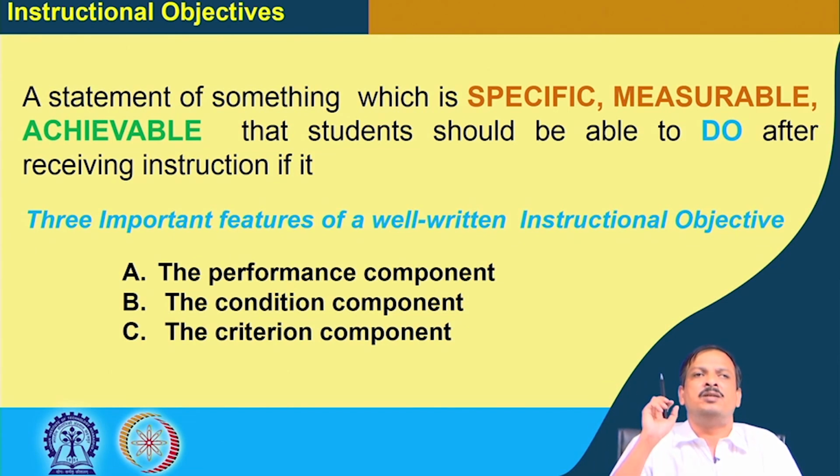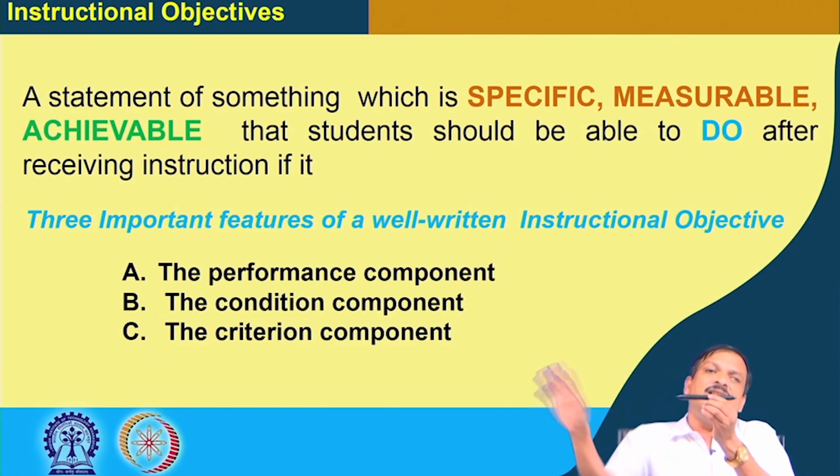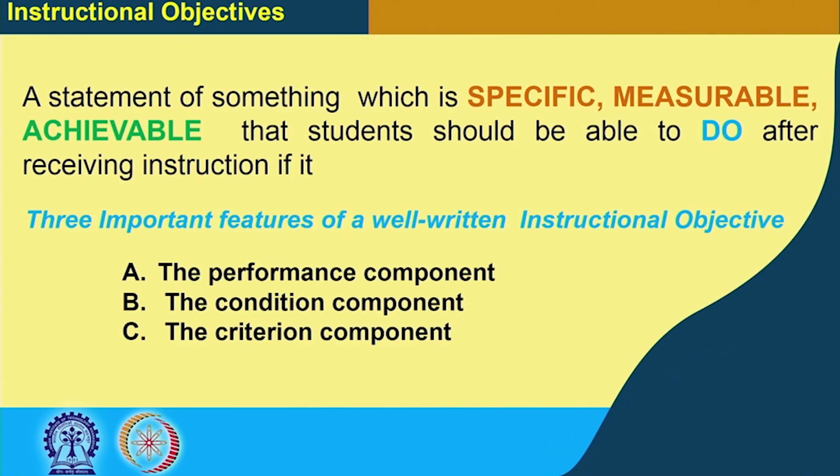So, when I say instructional objective, after all things are finished, what a student should be able to do, you have to write down in a specific, measurable and achievable manner.